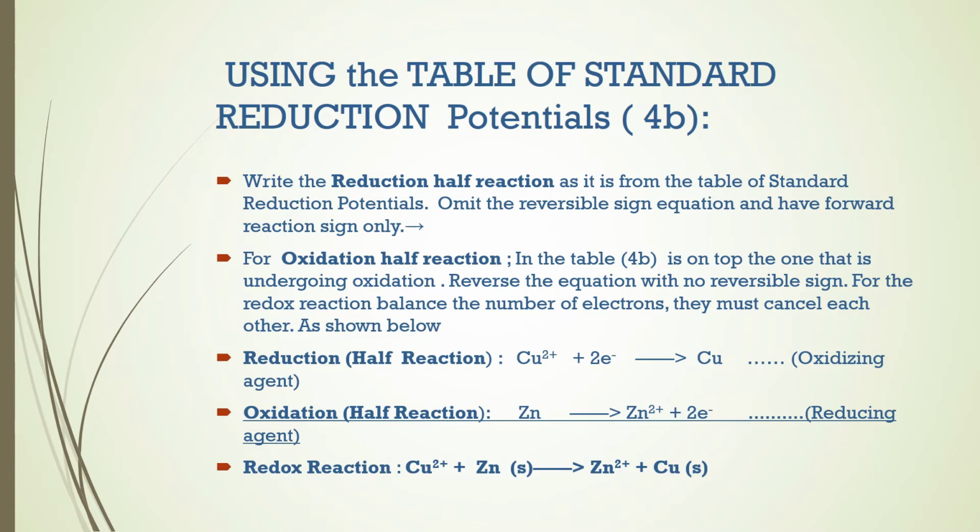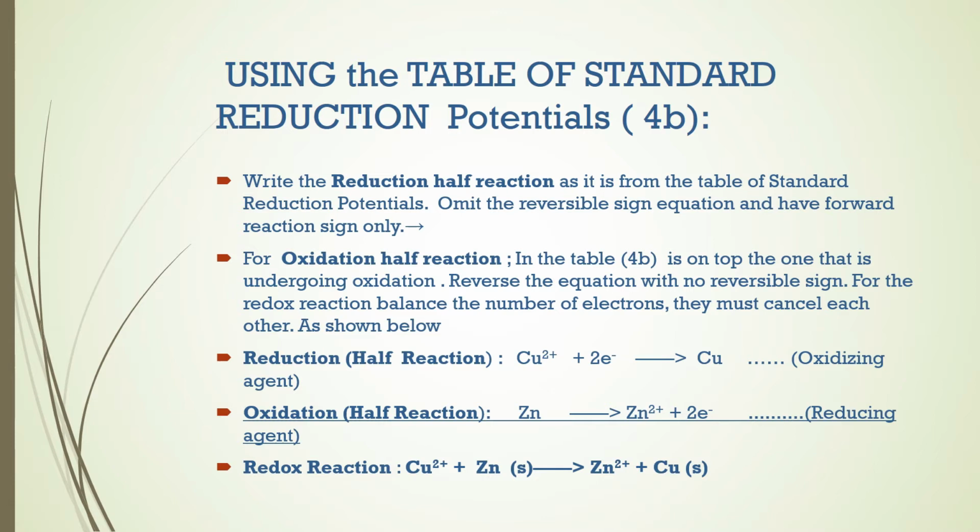Omit the reversible sign and have a forward reaction sign only. For the oxidation half reaction, in table 4B the one that is undergoing oxidation is on top. Reverse the equation with no reversible sign.